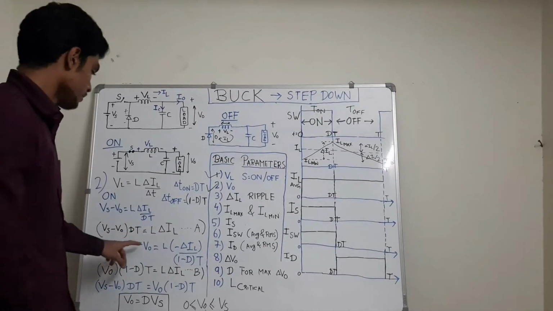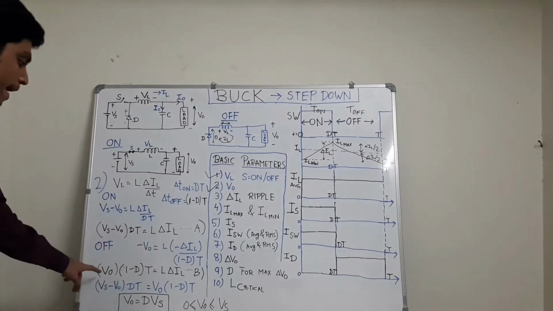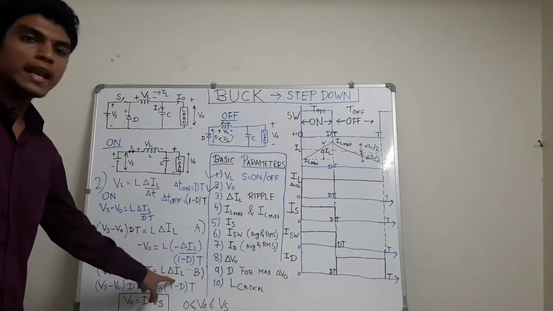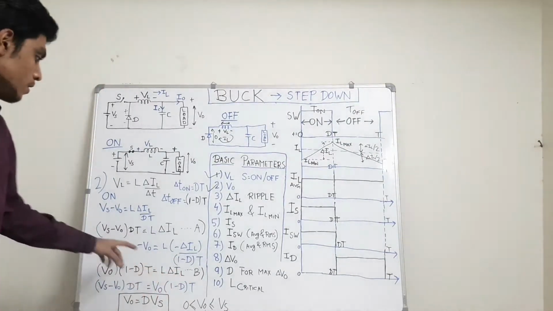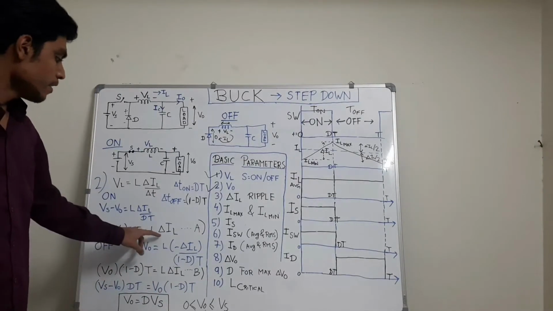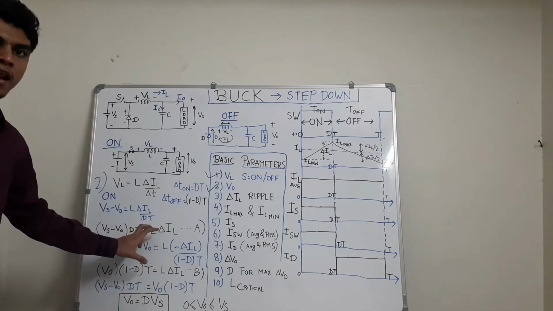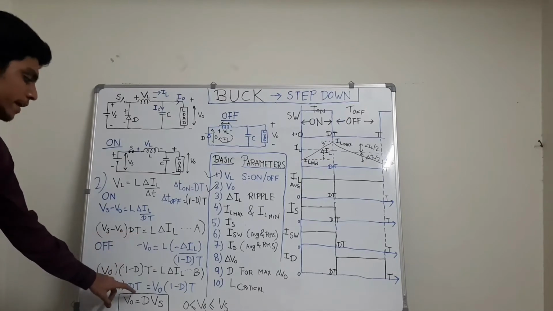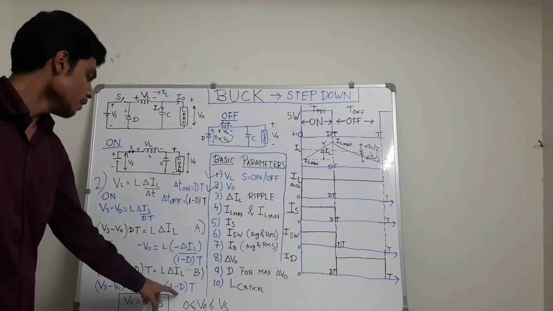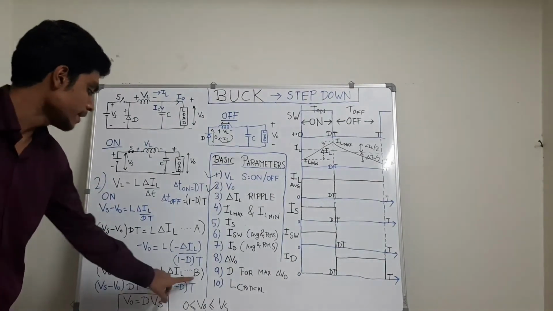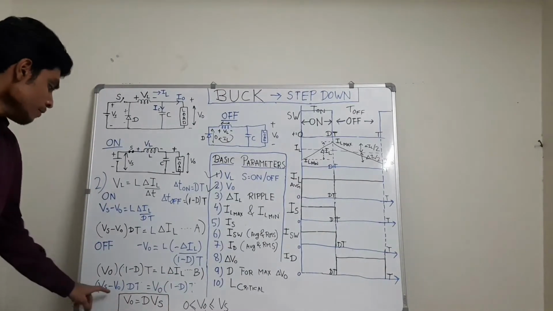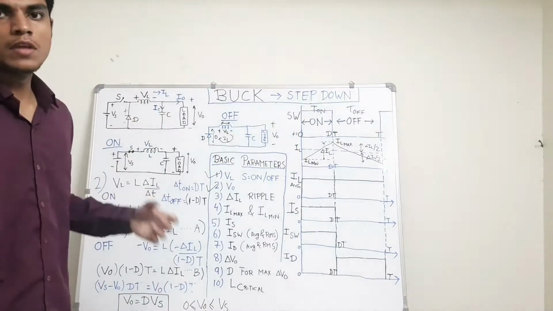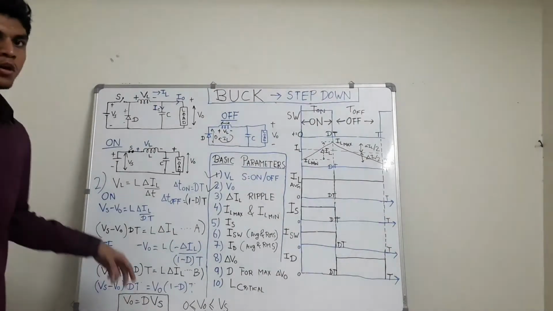Therefore, this minus minus gets cancelled, and V0 into 1 minus dt becomes equals to L into del IL, that is equation number B. So comparing both equations and removing the common del IL term, we get Vs minus V0 into dt equals to V0 into 1 minus dt. This t gets cancelled, and finally after solving we will get V0, that is the output voltage of the buck converter, equals to d times Vs.